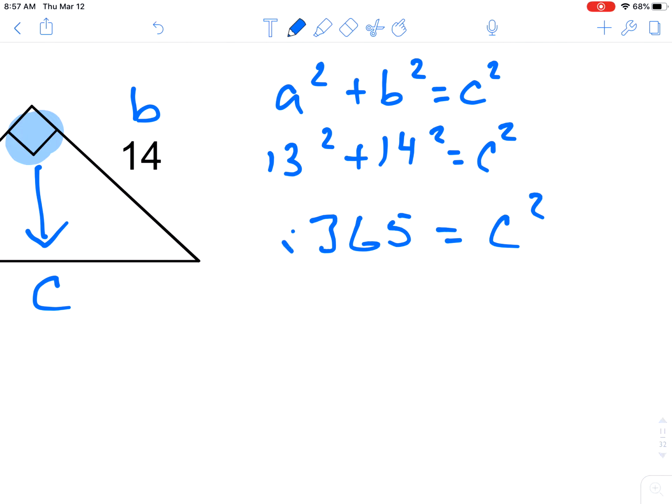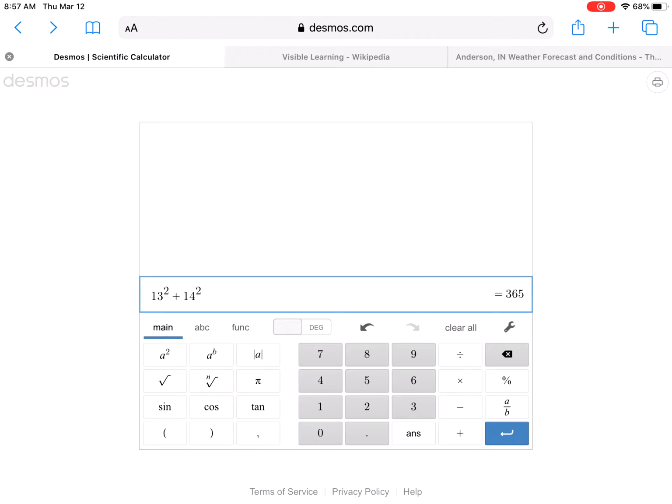So I'm going to do the square roots of both of them so I can undo C squared. Well, the square root of C squared is simply C. And then we'll go to 365, find out what the square root of it is. So we type in square root 365. We get 19.10. We're going to round to the nearest tenth, so we're going to do 19.1.